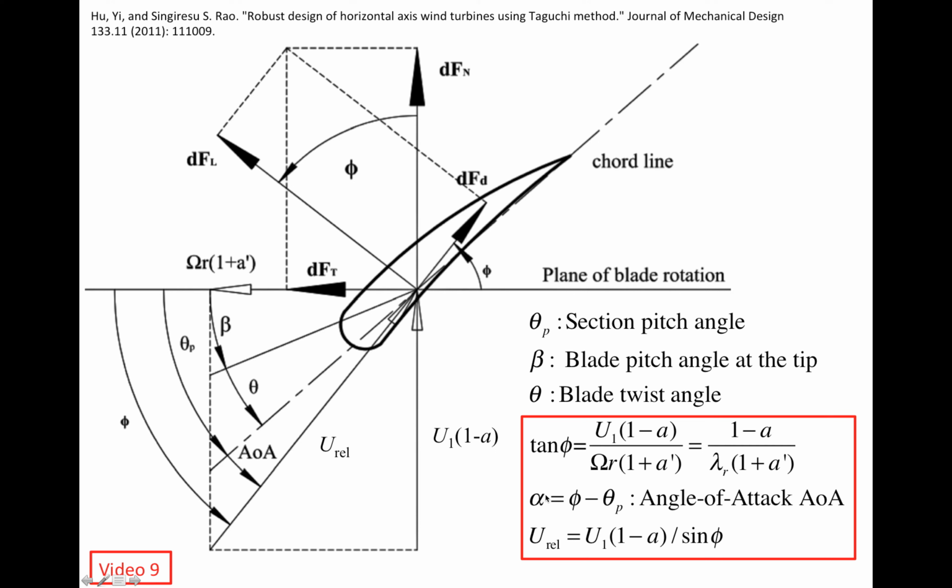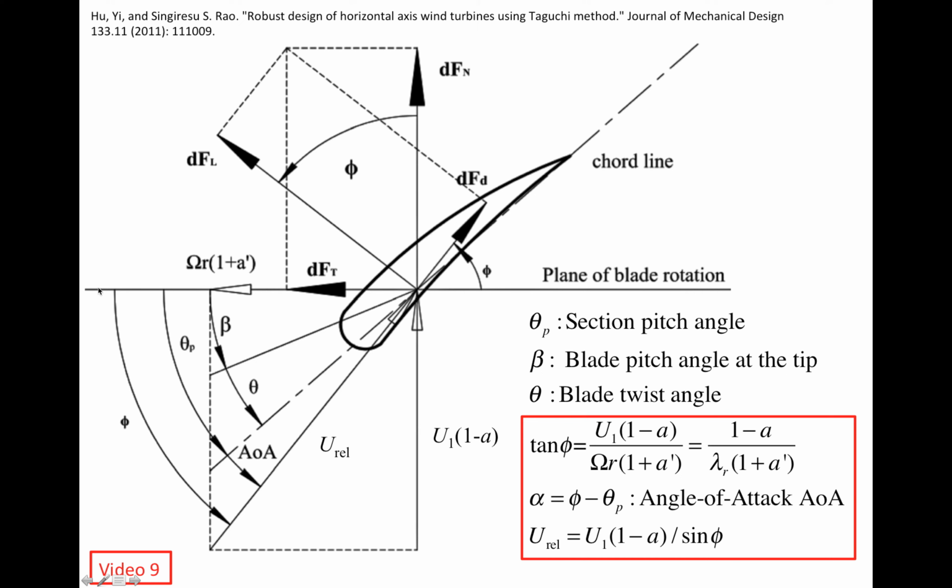We know that this angle of attack equals what? It equals phi, the angle of the relative wind, minus the section pitch angle theta_p. And we know that phi keeps decreasing as we move from the root to the tip, because as we move from the root to the tip, the length of this vector keeps increasing.